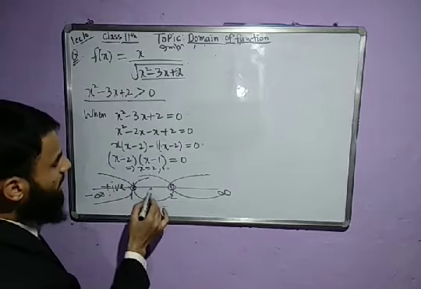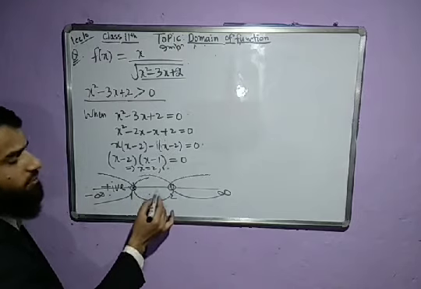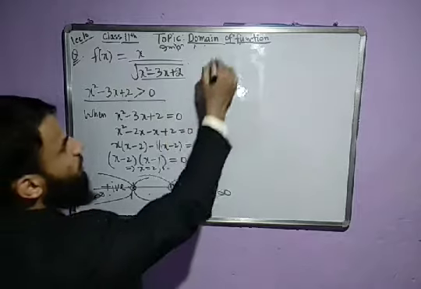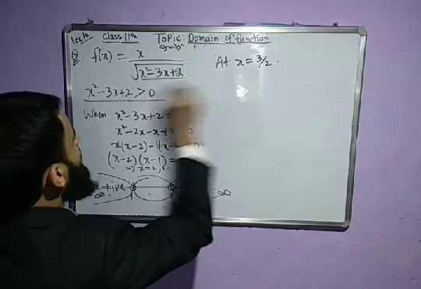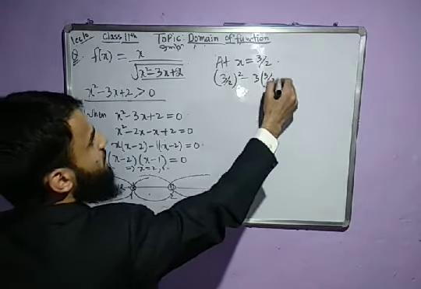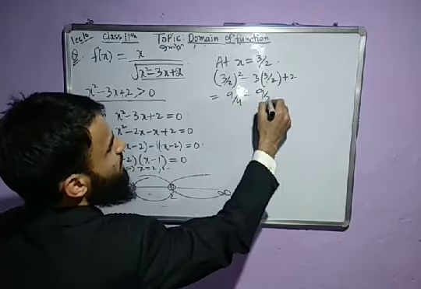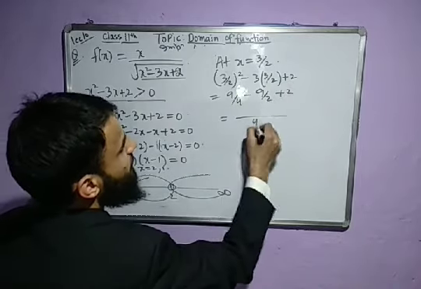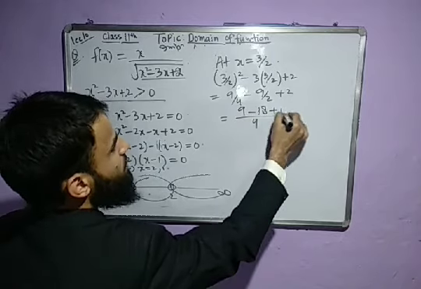Now let's check in between. Let's suppose x is equal to 3 by 2, which lies between 1 and 2. What will I get? x square, that is 3 by 2 square, minus 3 into 3 by 2, plus 2. And it comes out to be 9 by 4 minus 9 by 2 plus 2, which is 9 minus 18 plus 8 over 4.